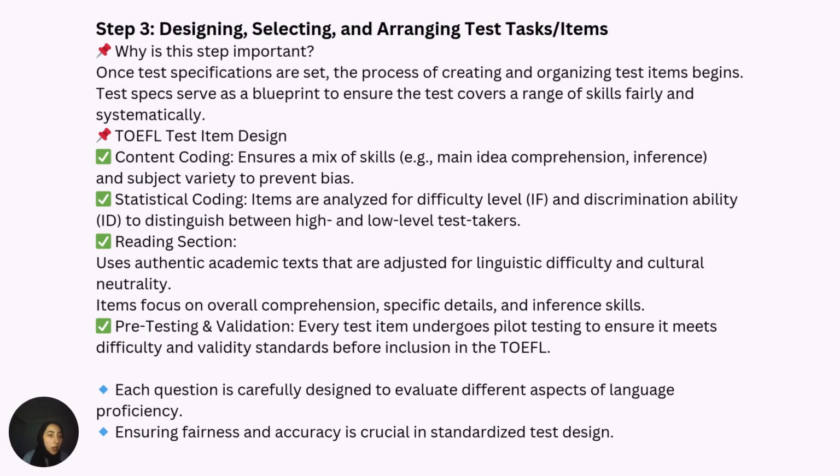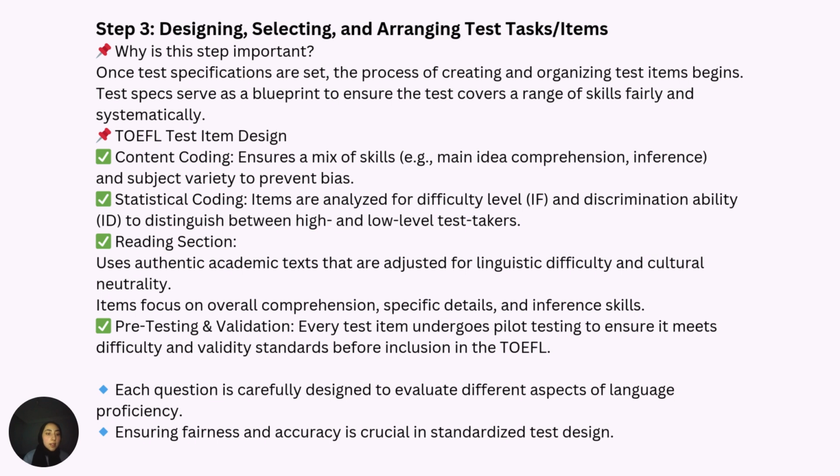Let's look at our example, TOEFL test item design. Firstly, there is content coding. It ensures a mix of skills like main idea comprehension, inference, and subject variety to prevent bias. And statistical coding, reading section, and pretesting validation.